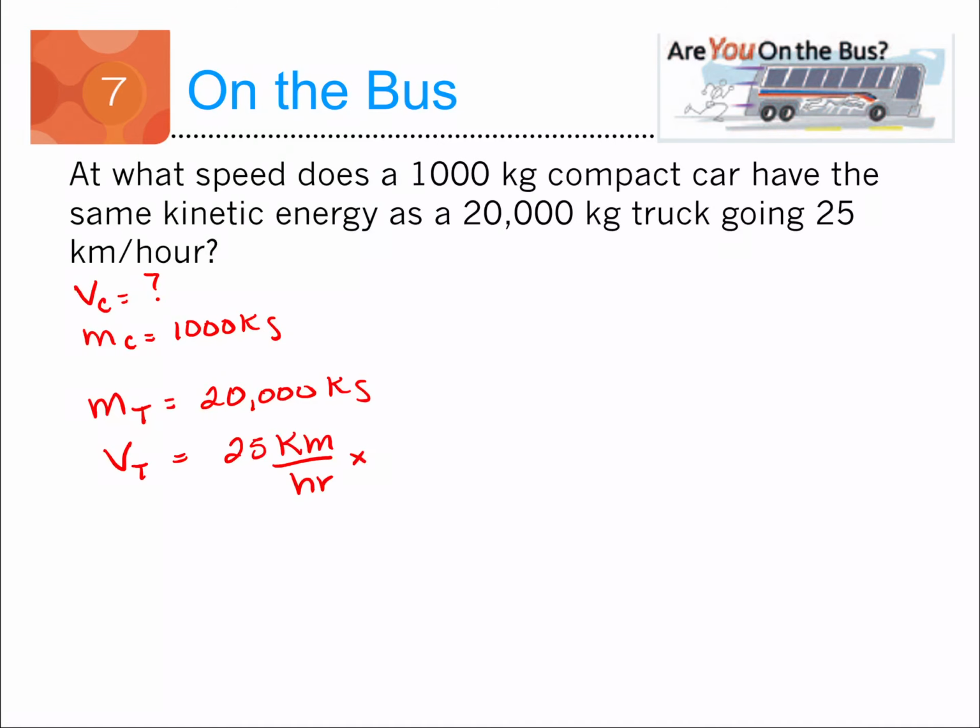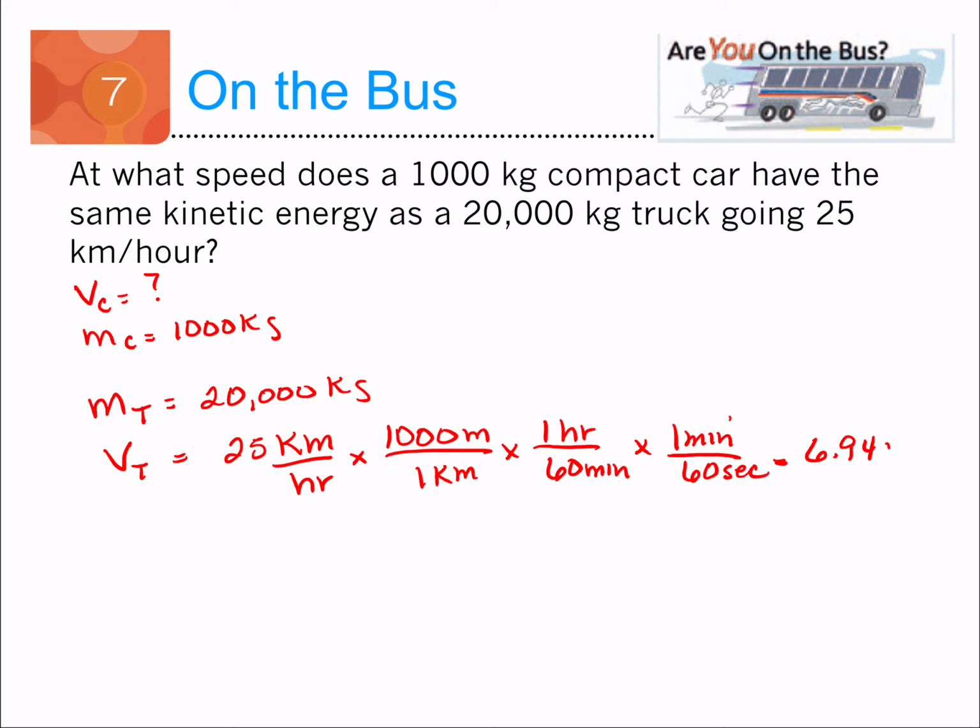So here again, we have to convert kilometers to meters per second. So we have 1,000 meters in 1 kilometer. In 1 hour, we have 60 minutes. And in 1 minute, we have 60 seconds. So that's going to give us 6.94 meters per second.